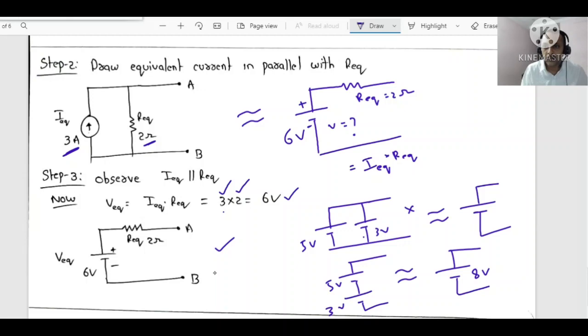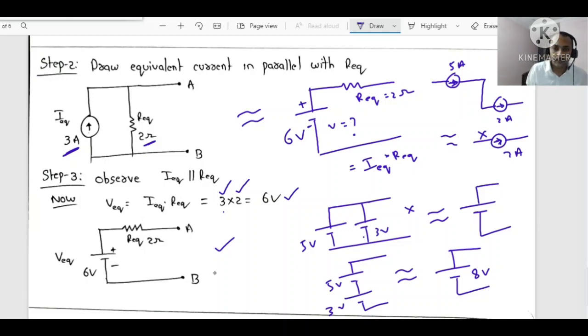This is correct. Similarly, for current sources also, you cannot say something like this: this is 5 amps, and this is 2 amps, and its equivalent is 7 amps. Wrong. This is also wrong.